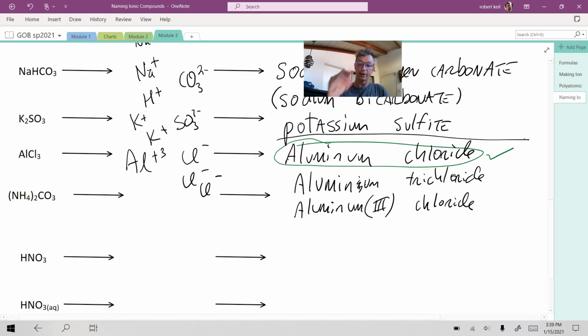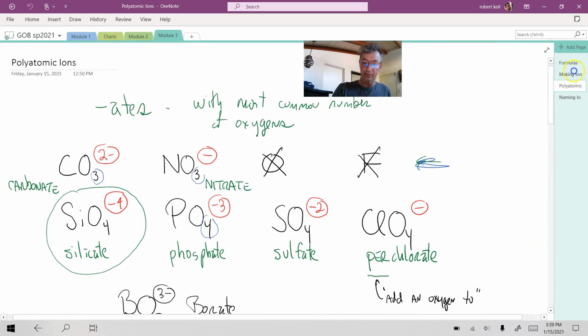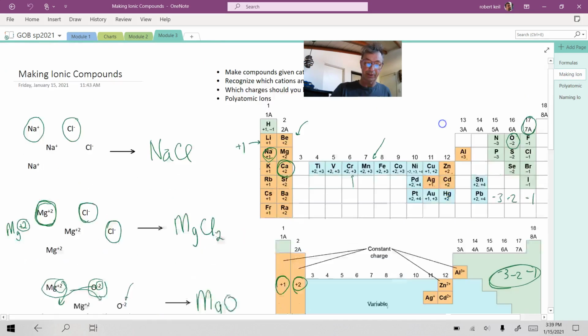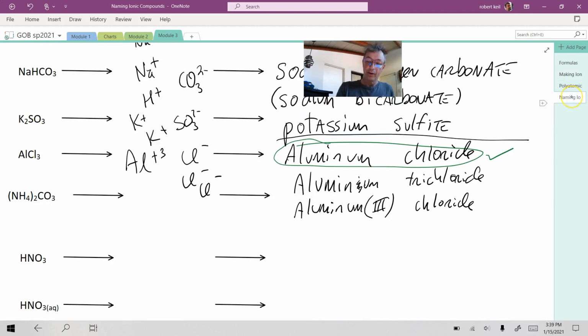If you went back to that chart of naming from a previous lecture, that I gave a little while ago, you would see that aluminum is always +3. Zinc and silver and cadmium also have that same idea. They're always +1, +2, +3. And so some instructors will tell you, you should memorize that.